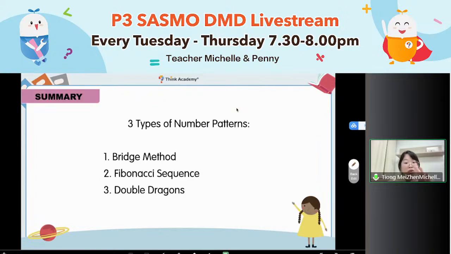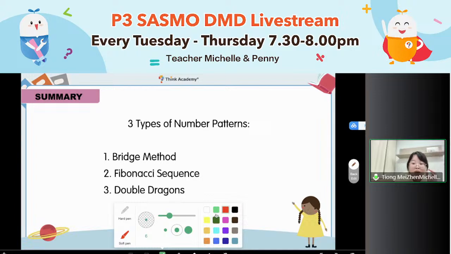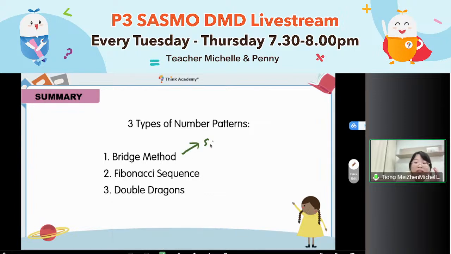All right. Let me do a quick revision. First one, bridge method. Either you have the same bridge, or you have the increasing or decreasing bridge. But it must be consistent, okay?